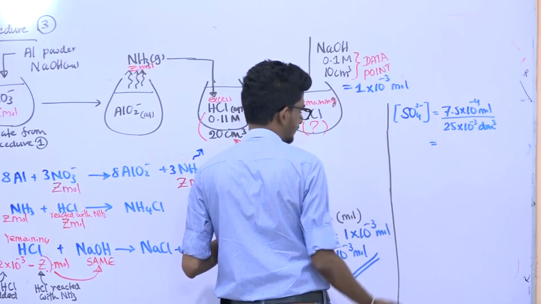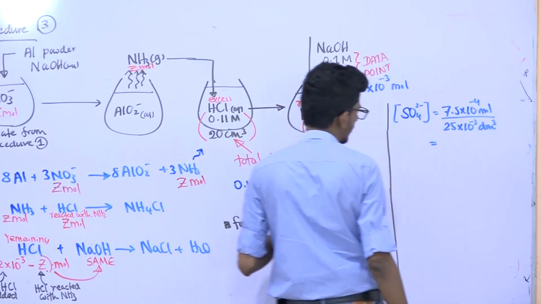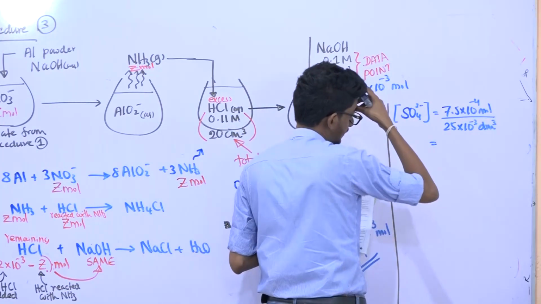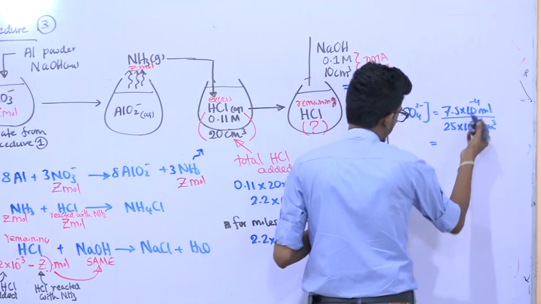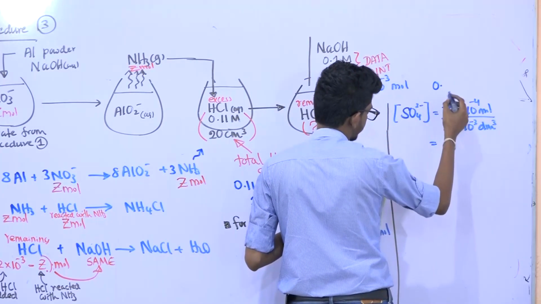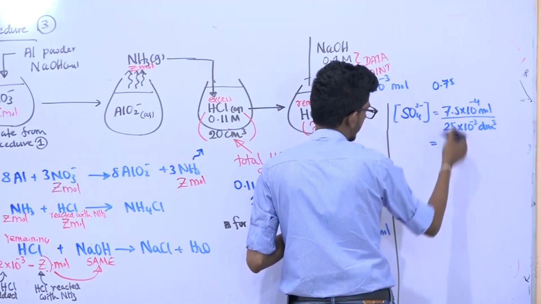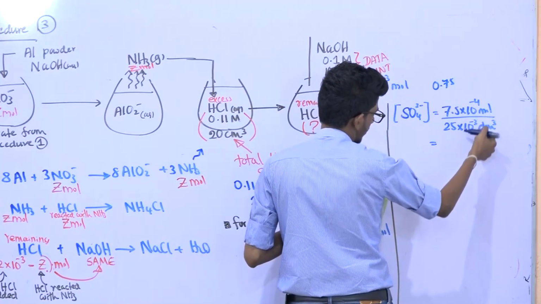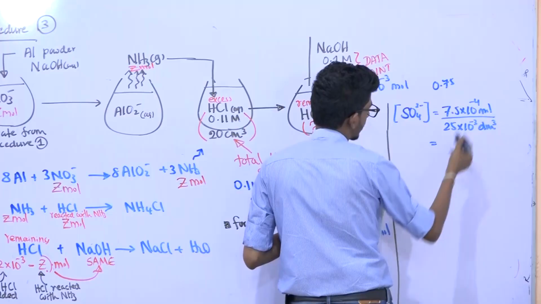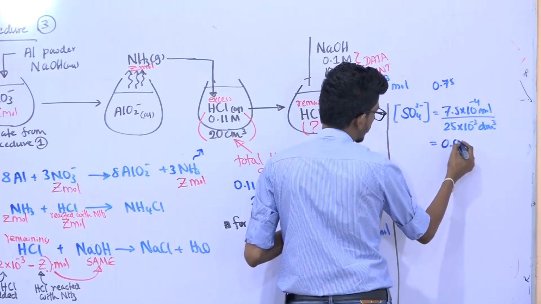So the value is 10 to the minus 1 is there, so 0.75 ultimately. Minus 1 is there, yeah. So it is going to be 0.03.